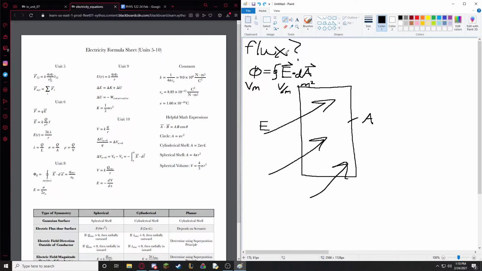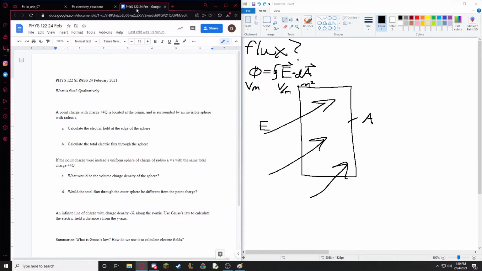Essentially we add up all those little dot products, and that's where we get integrating from. We integrate over the entire surface of the electric field dot product with the area, and that's how we get the flux. That seems a bit daunting, but trust me, any example you see in this class, the integral extremely simplifies down. So let's hop into our first example.